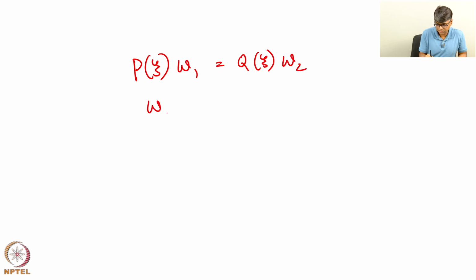And notice that I can just look at this P inverse(ξ) times Q(ξ). Such a thing exists because the determinant of P is non-zero.